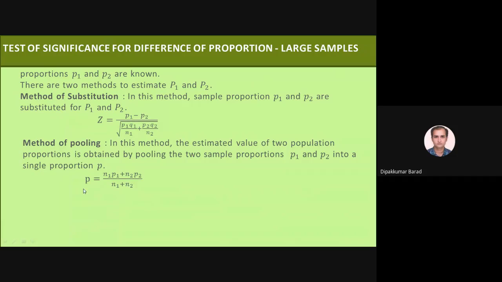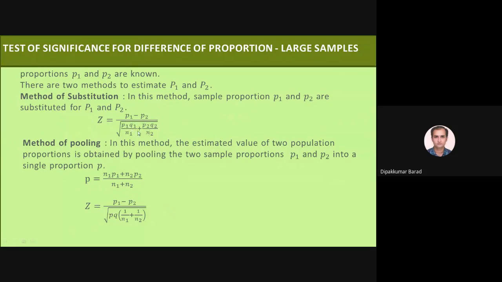First we find small p. Once we get small p, we use the formula Z equals p1 minus p2 upon under root of p into q in brackets 1 upon n1 plus 1 upon n2. In the previous method we used p1 q1 upon n1 plus p2 q2 upon n2.